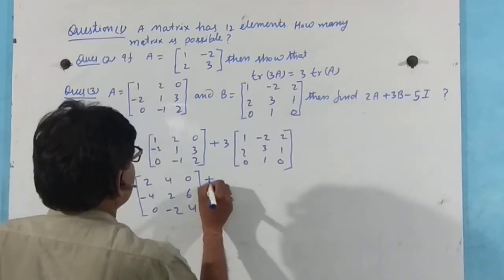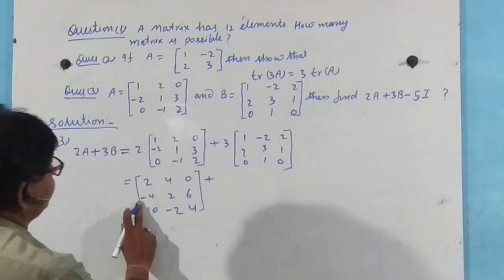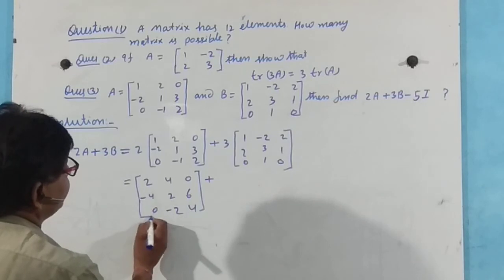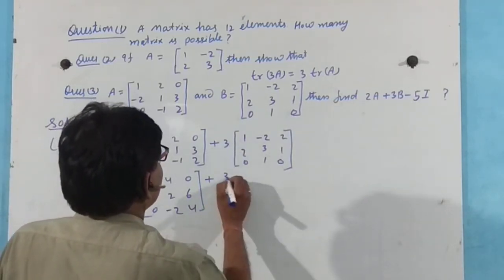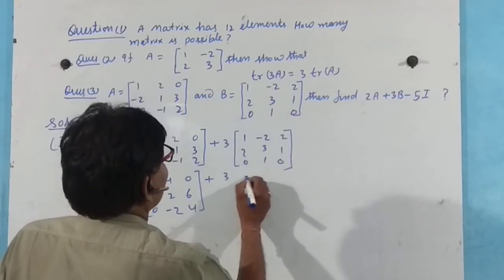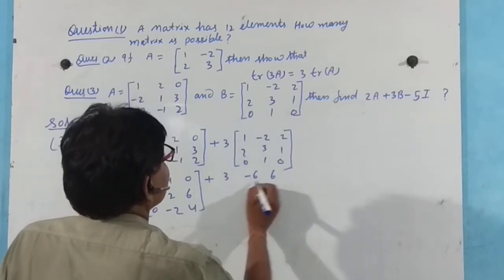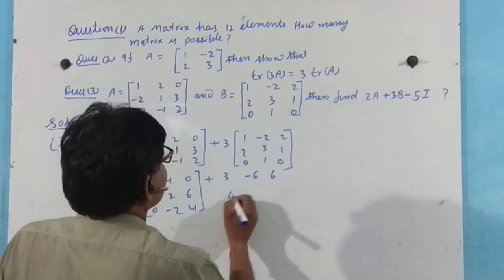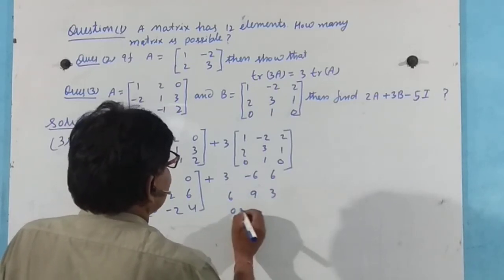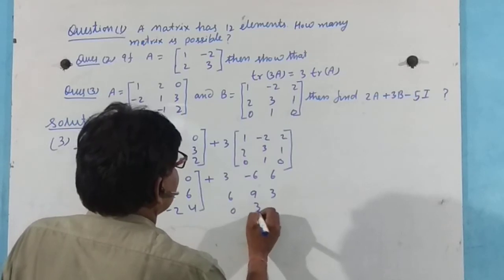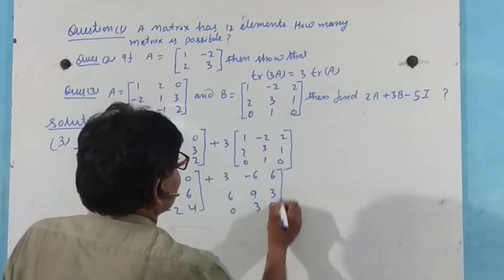And plus 3 ones are 3, 3 twos are 6, 0, minus 6, 9, 3, 6, 3, 0.